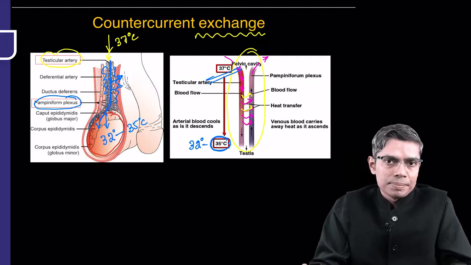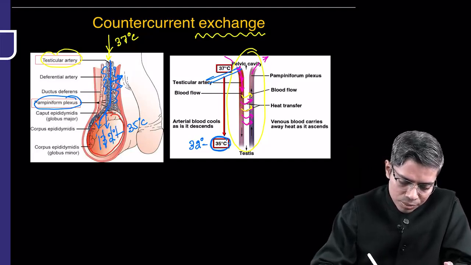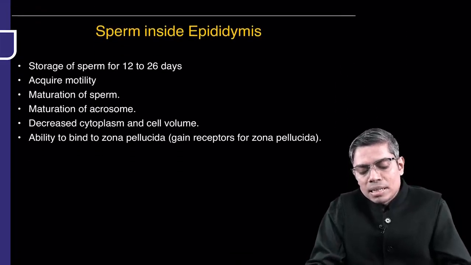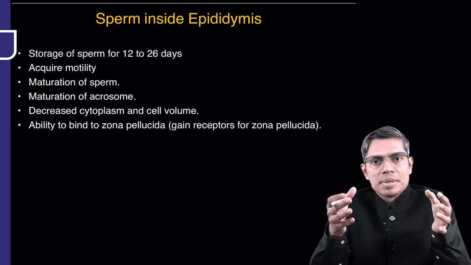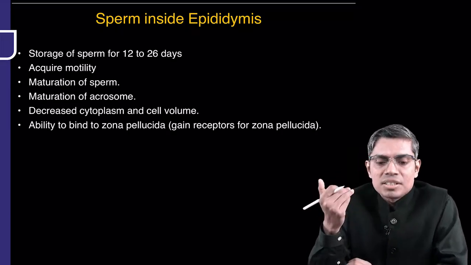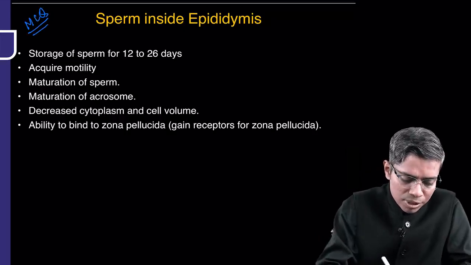Now, next we are going to discuss that along with the testis, the epididymis is attached, and I told you that the epididymis has some important functions. When the sperm reaches the epididymis and passes from the head towards the tail of the epididymis, what are the changes that happen? This is one of the important things for your MCQ.